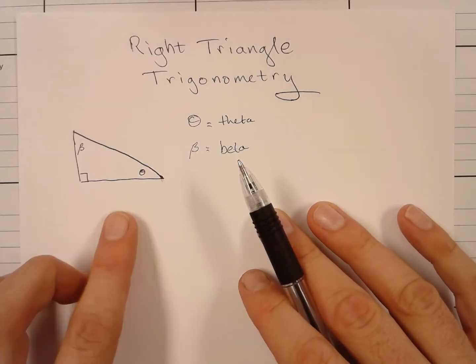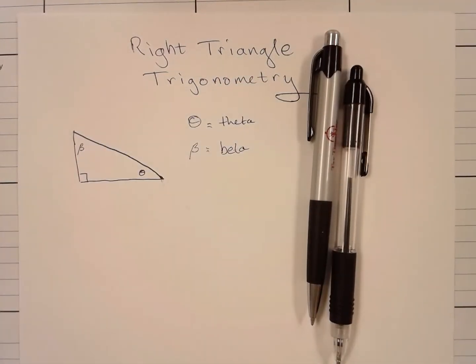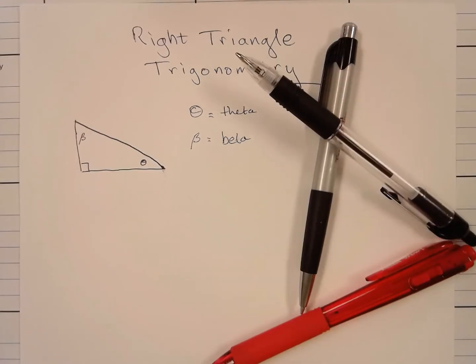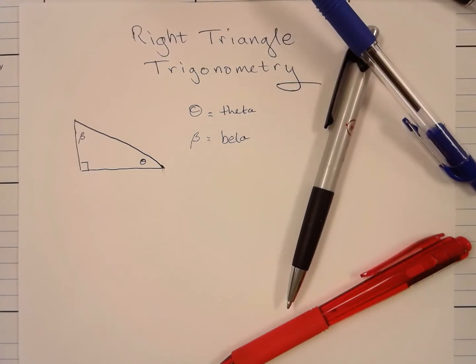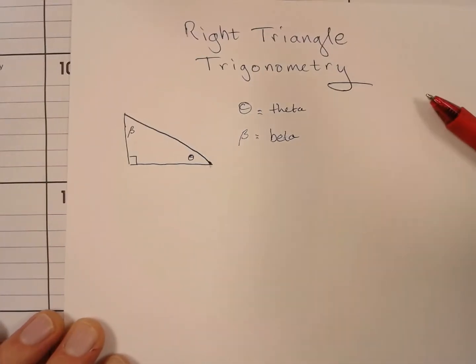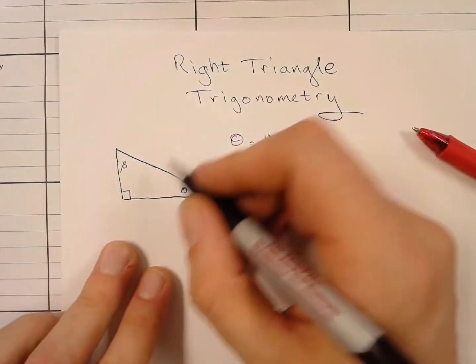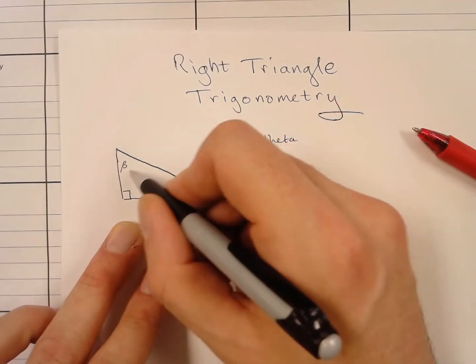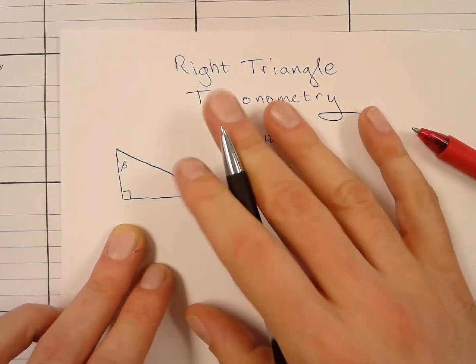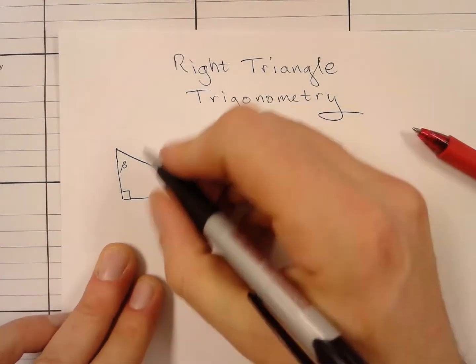The important part, and maybe I'll get a couple of different colored pens going on here so I can color code some stuff. Blue, sweet. All right. So, one of the first things that we are going to need to do when setting up the problem, and I'll write out a procedure in a second, but it's very important that relative to whichever acute angle we're using, we define our side lengths.